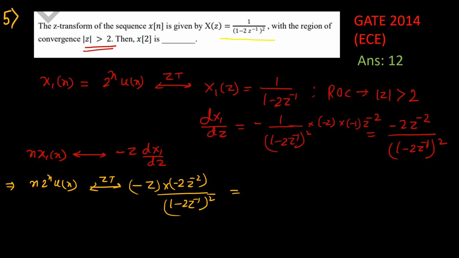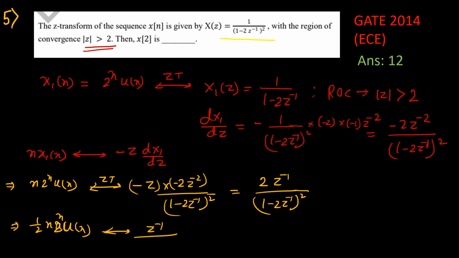So here minus times minus is plus, it is 2 z to the power minus 1 upon 1 minus 2 z to the power minus 1, that squared. Now we are very close to that one, only the factor 2, so I can divide both sides by 2. So n by 2 to the power n u of n, its z transform will be z to the power minus 1 upon 1 minus 2 z to the power minus 1, that squared.